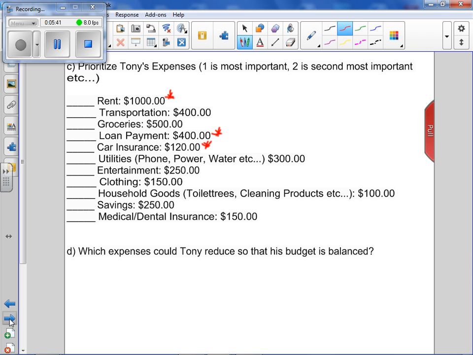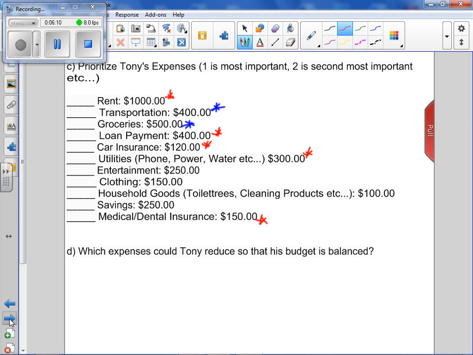I need to pay the utilities. Medical, dental insurance, that's probably something that won't change. I also really need groceries, but that value I could try to reduce by spending less on it. I probably need my transportation, but I could try to reduce that if I could.